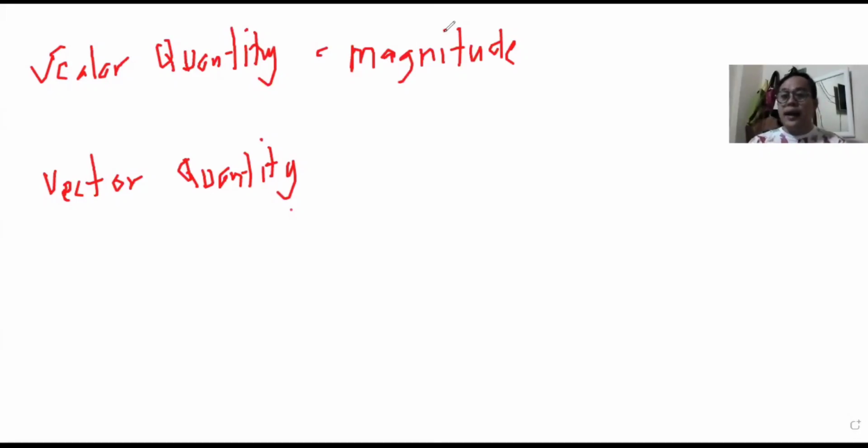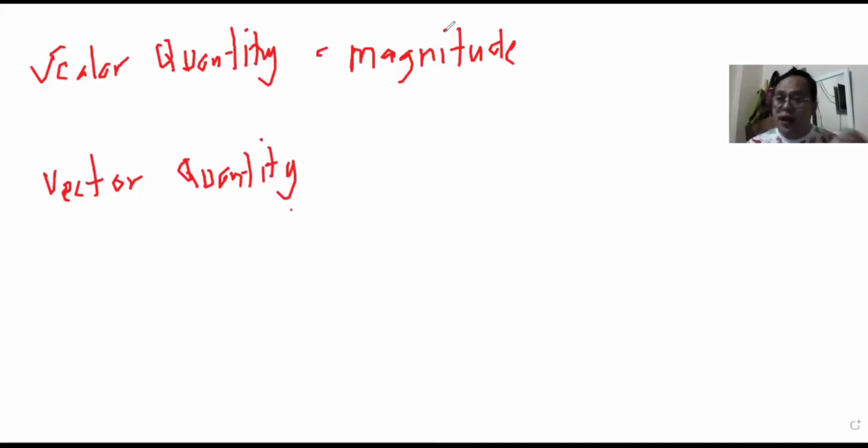For example, length: 30 meters, 2 inches, 3 feet, 5 feet, 2 yards. So you're talking about an amount. So that is a scalar quantity. The 6 basic quantities can be classified as scalar quantity, but there are also derived quantities that can be classified as scalar.